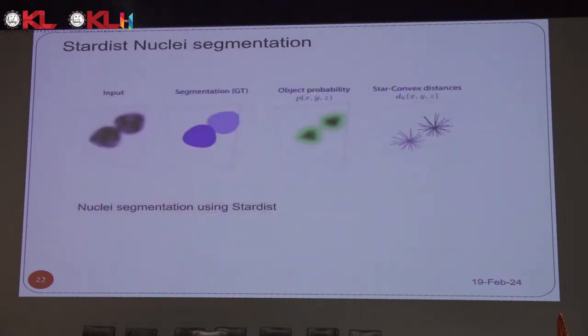To address that, we use StarDist nuclei segmentation. It finds the probability of the centroid of the object, and then you have star-convex distances from the nuclei center. You join all these edges and you are able to get that object. With this new technique, we were able to adapt, and to differentiate overlapping cells as well.